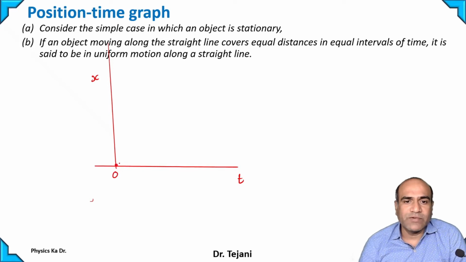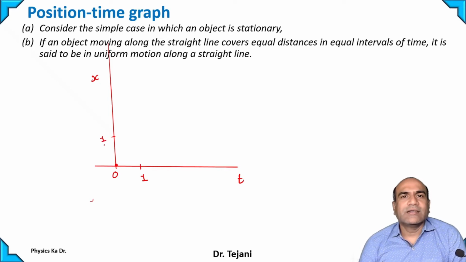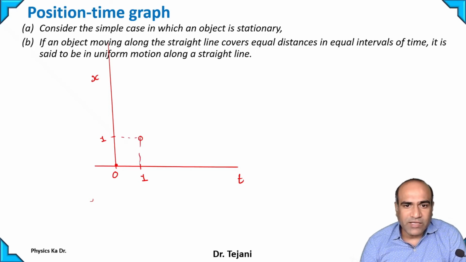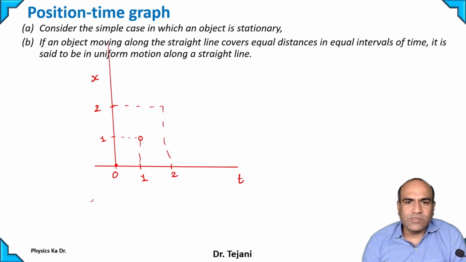Say, at 1 second, it travels 1 unit, so the position is somewhere here. At 2 seconds, it travels 2 units. At 5 seconds, it travels 5 units, and it is here.